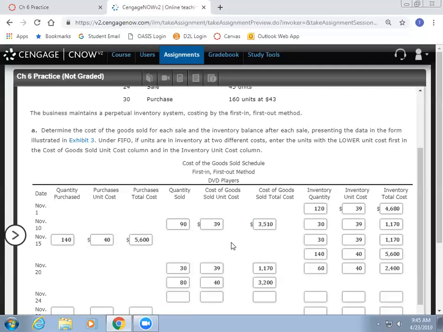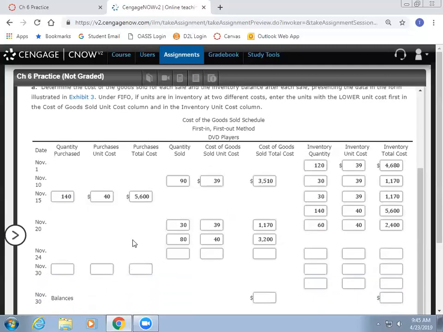So then on November 24th, we made another sale of 45 units. So those all have to come out of the inventory right now, the 60 units at $40 each, okay? So on November 24th, all 45 come out of the $40. That's the only price level we have.